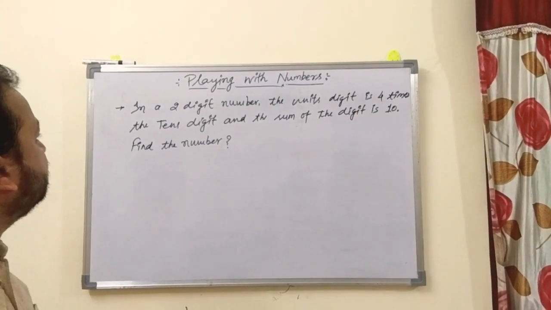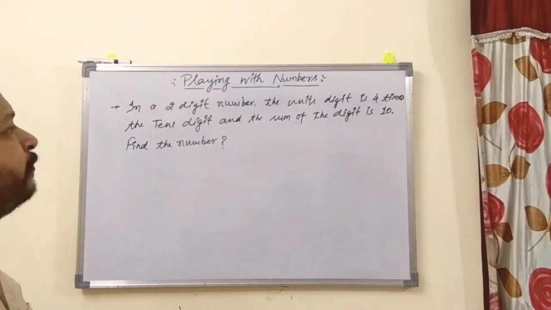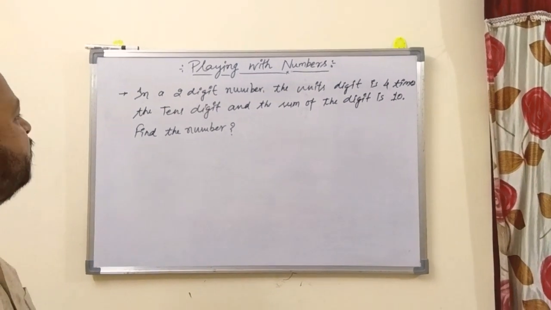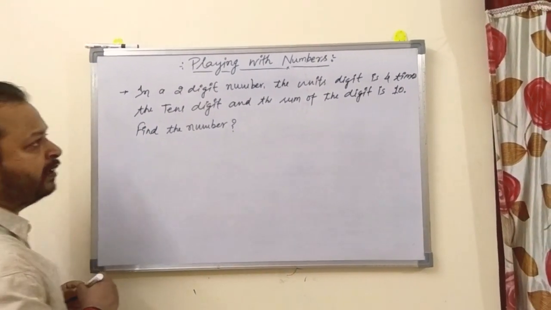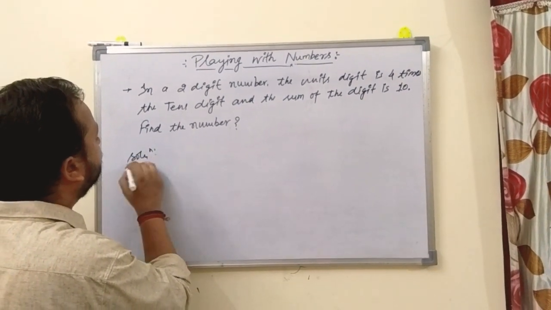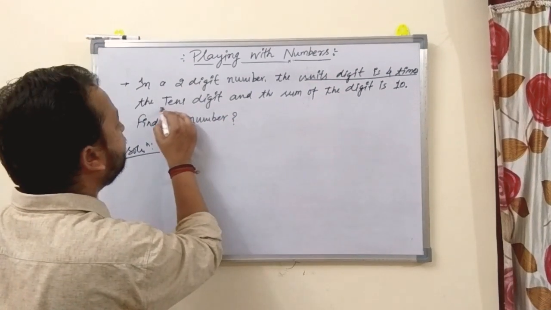So the question reads as, in a two-digit number, the units digit is 4 times the tens digit and the sum of the digits is 10. Find the number. It is given that unit digit is 4 times the tens digit.